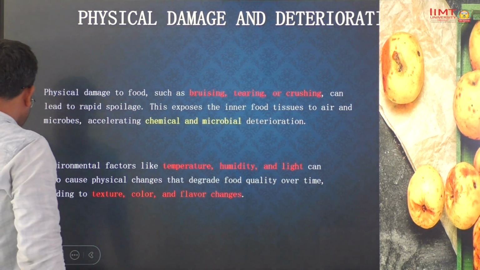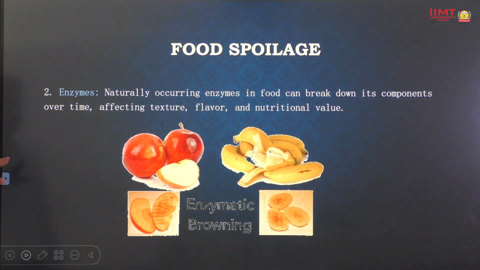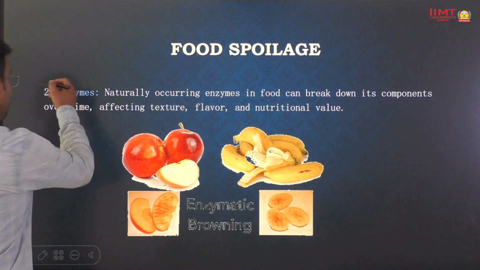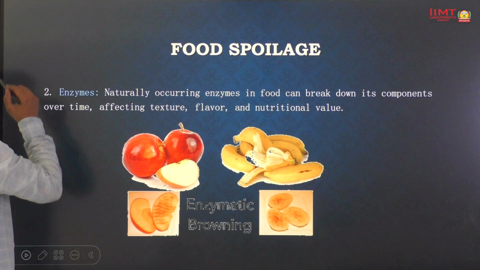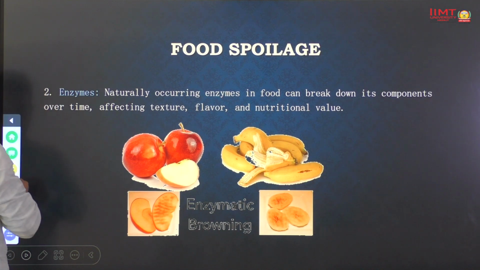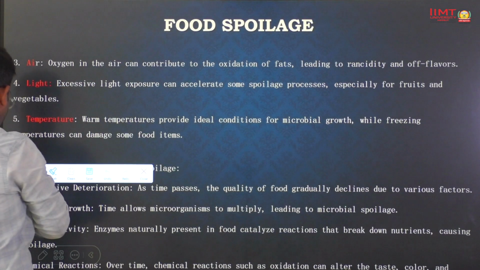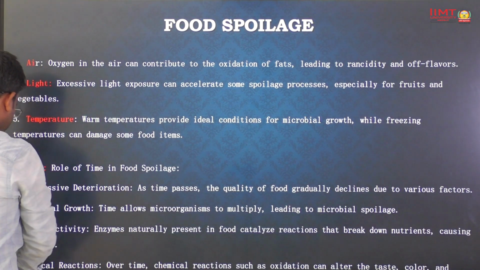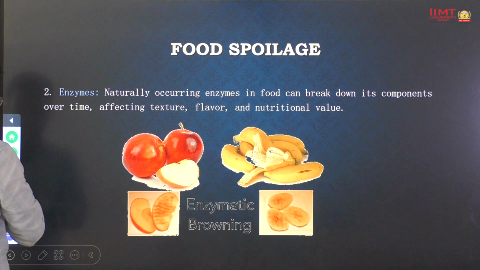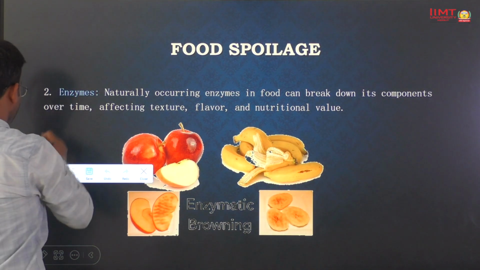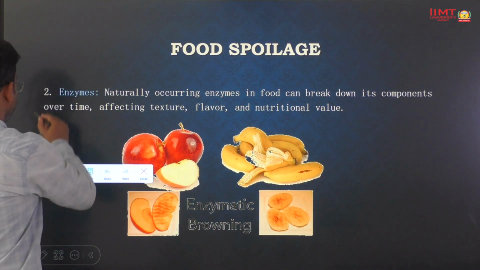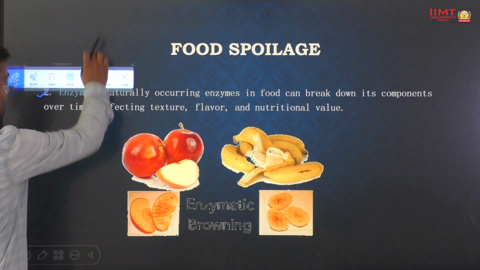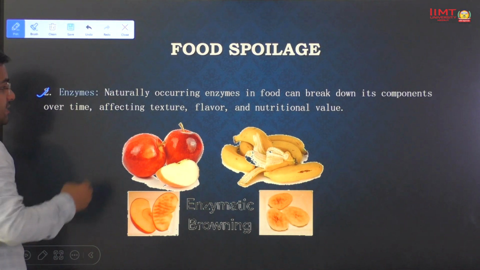Next, in food spoilage, first we talked about microorganisms, and the second is enzymes.